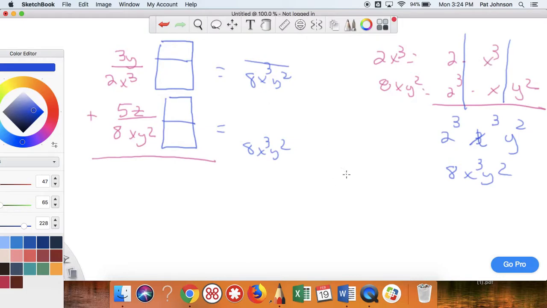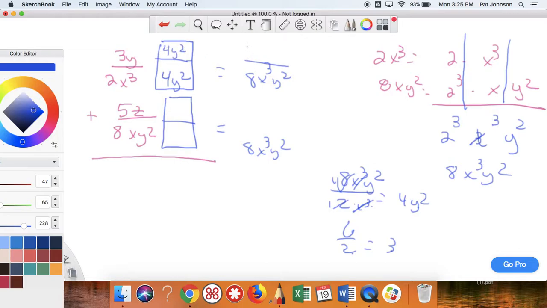You can do 8x cubed y squared over 2 times x cubed. Well, these cancel. 8 divided by 2, 4, so it equals 4y squared. That's what we need. Remember, because you have this divided by this equals this, and this times this must equal that. 6 divided by 2 equals 3, so 3 times 2 equals 6. That's all I'm doing. So that's what's going to go here, because that's what I need to multiply this by to equal our common denominator. Again, do it to the top.